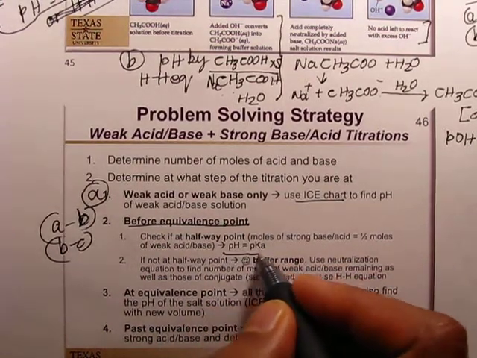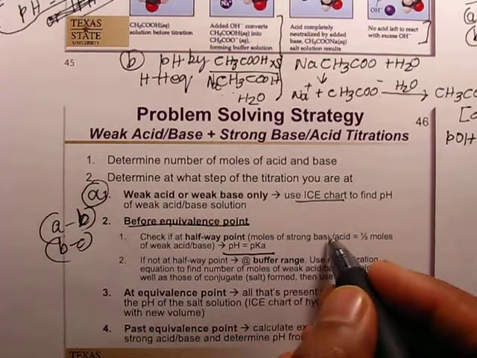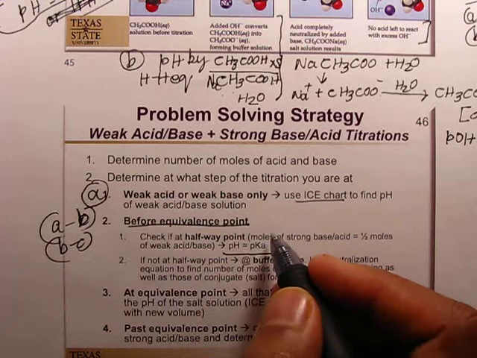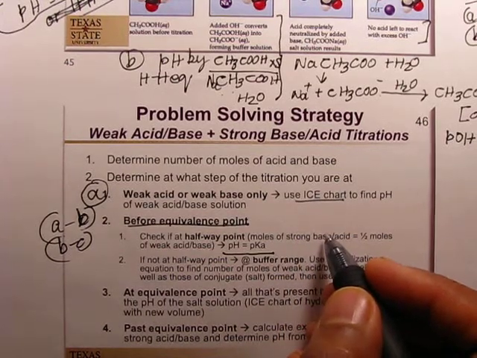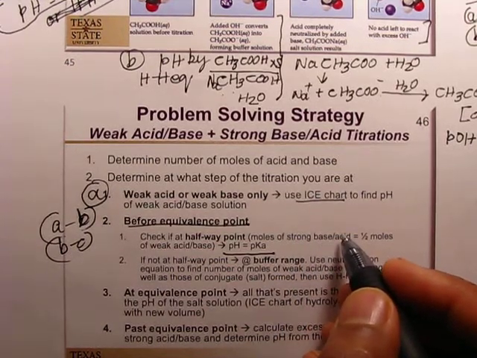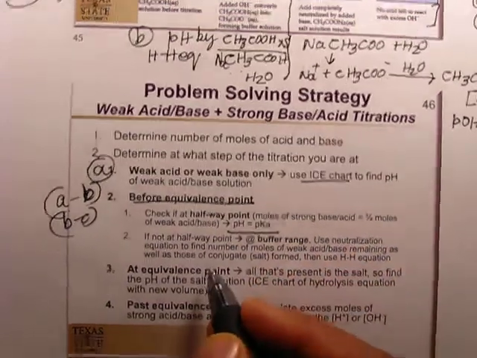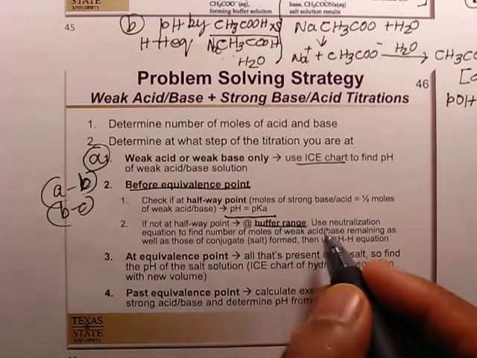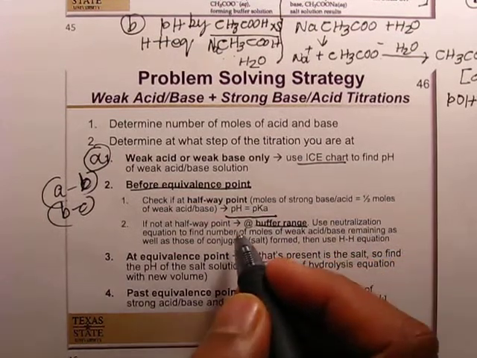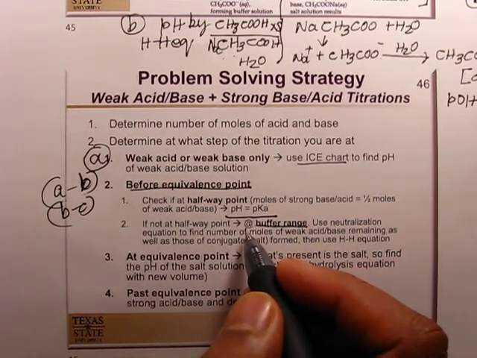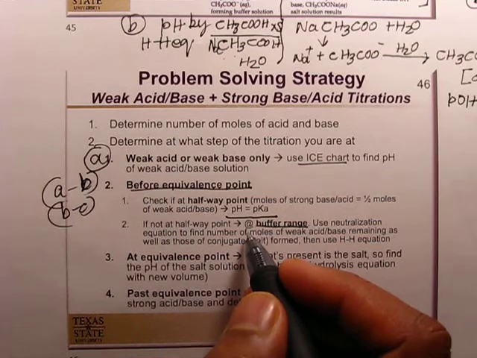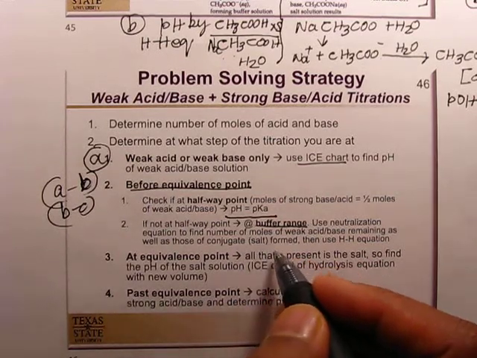If you are at the half point, the moles of strong base or acid equal half the moles of weak acid or base, and then the pH equals the pKa. If not, you are in the buffer range. Use the neutralization equation to find the moles of weak acid or base remaining as well as the conjugate salt formed. Then use the Henderson-Hasselbalch equation.